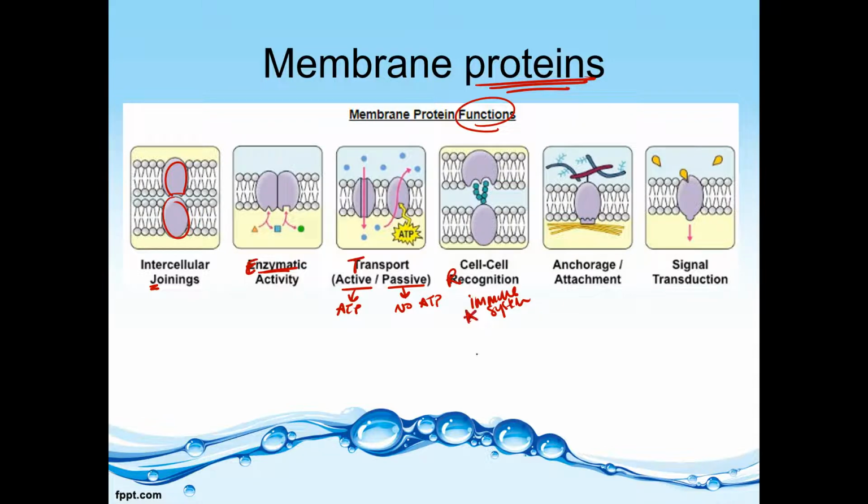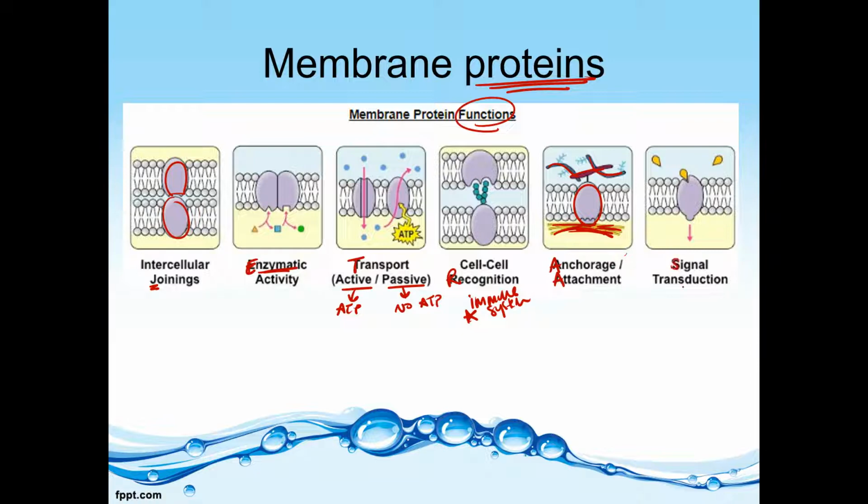Our immune system can do its job. Another job of membrane proteins is to anchor or attach. There are lots of things that are stuck to cells. Here I've got some more proteins. I have actin filaments that make our cytoskeleton. Actin is another kind of protein. So here we've got a protein attached to more protein. So pretty cool stuff going on there.